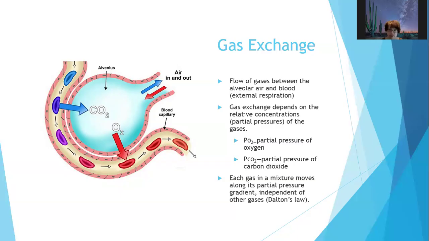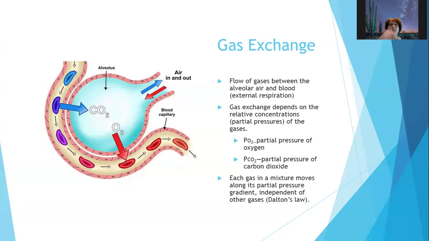Dalton's law is another one of those gas laws. Each gas in a mixture moves along its partial pressure gradient independent of other gases. So oxygen is going to move to where there's less oxygen, and carbon dioxide is going to move to where there's less carbon dioxide. All those gas laws work together to make things actually work, which is nice when they do that.